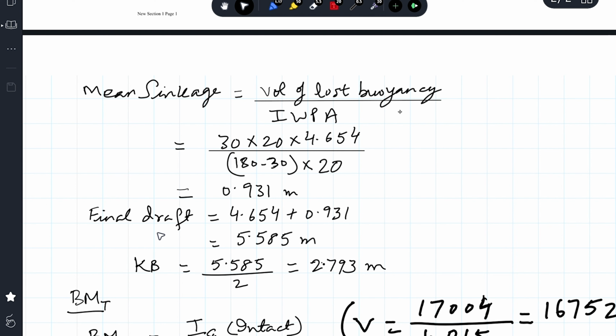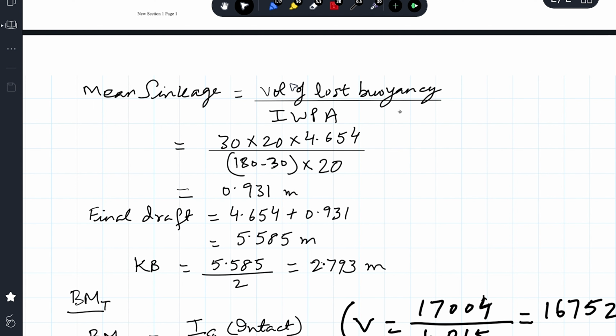So this was the intermediate condition, when we calculated the draft due to discharge of seawater, and now the effect of bilging sinkage we add to this draft and we get 5.585. So generally, when a tank is bilged, the ship sinks to regain the lost volume and the draft increases.